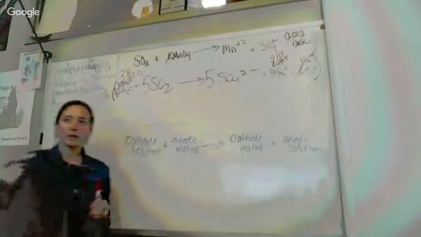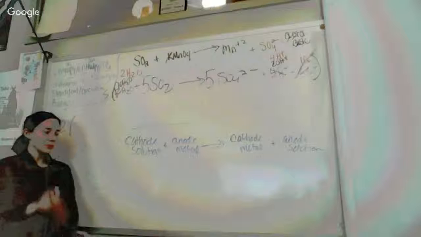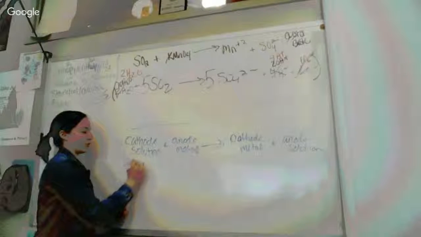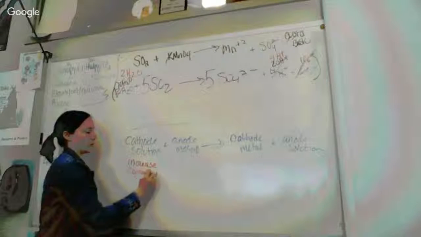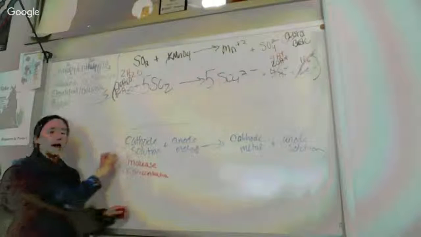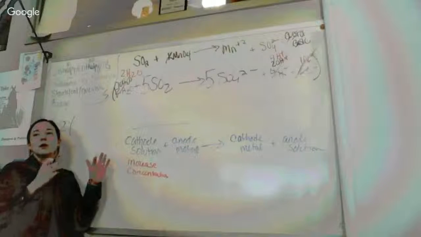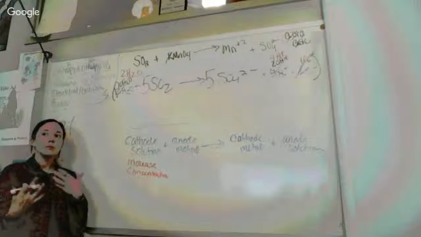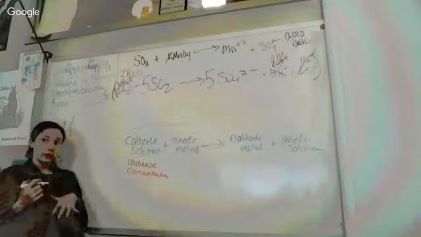So in any cell, that's going to be the general idea, right? And so if we increase the concentration here, we're adding the amount of ions that are available to react. And so if this is the higher concentration, it's going to collide with the metal more often and be able to gather electrons more quickly.